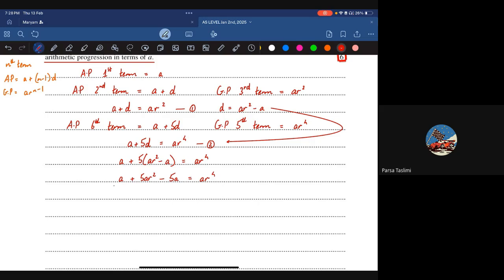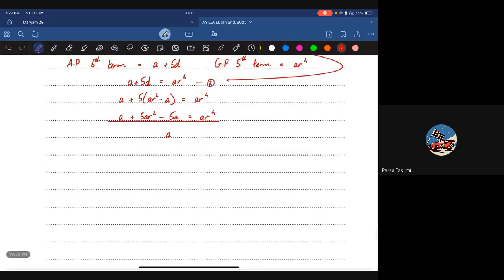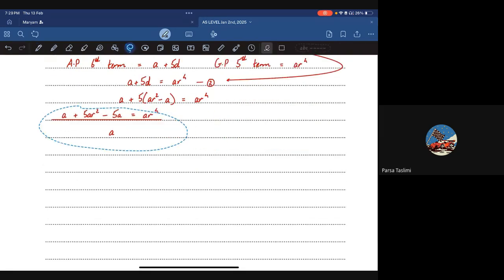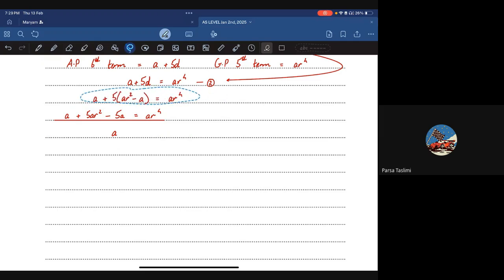Partner, one thing I can do is eliminate the A from this. If I remove A from this, so it's going to become what?